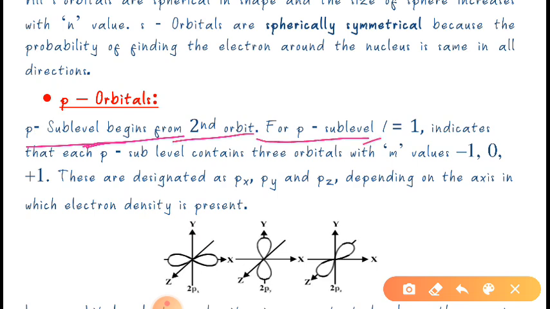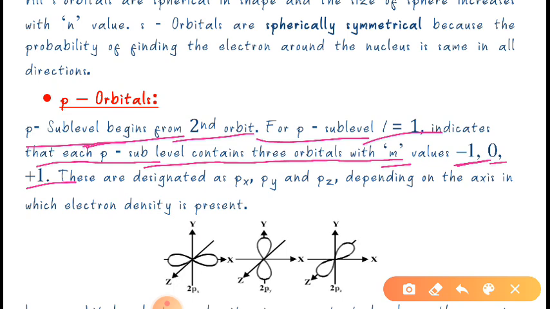For the p subshell, L will be 1, and each p subshell contains 3 m values, as we have calculated. For L is equal to 1, the m values will be minus 1, 0 and plus 1, as I have already discussed in the last class.